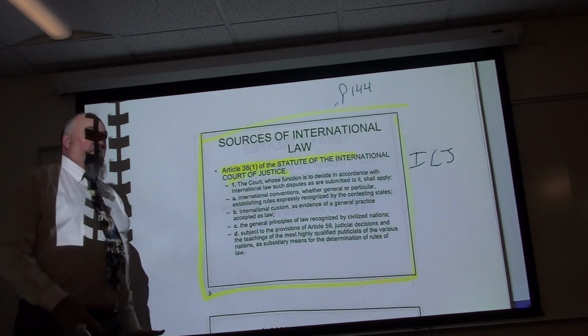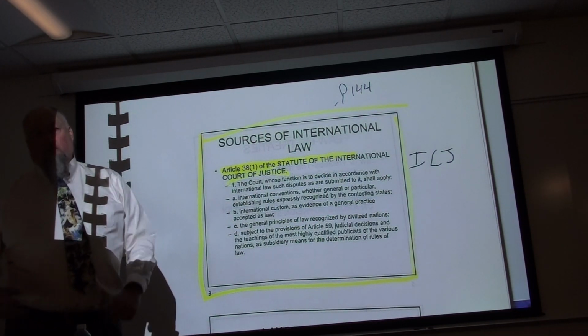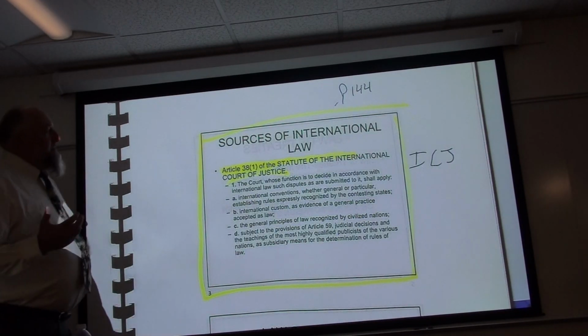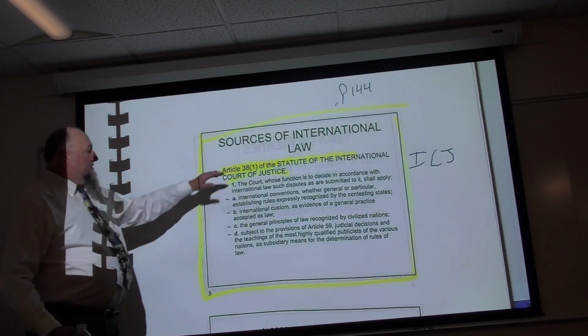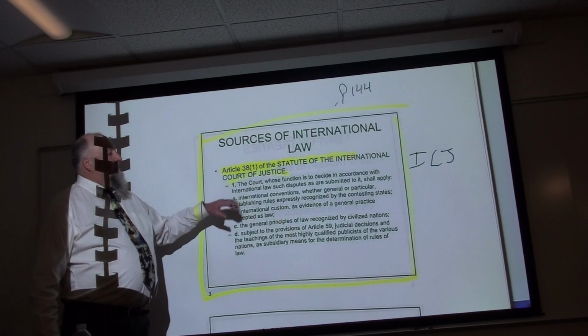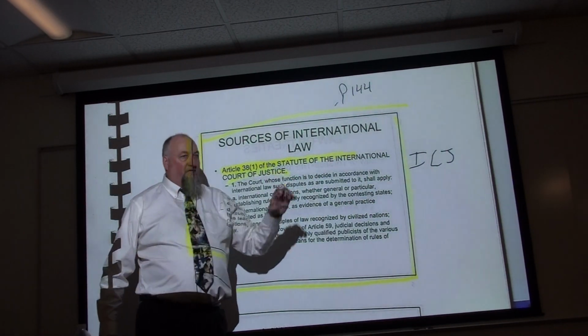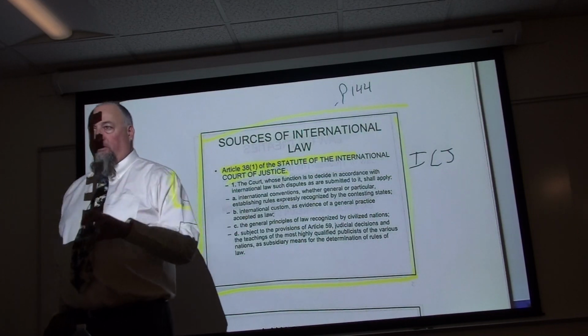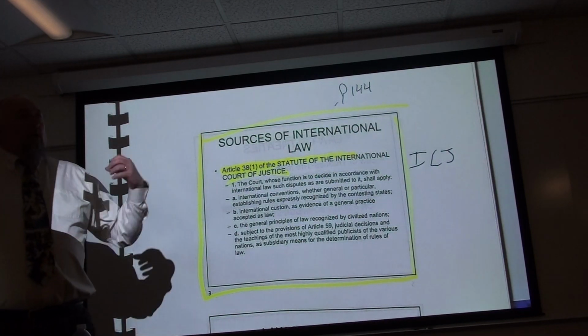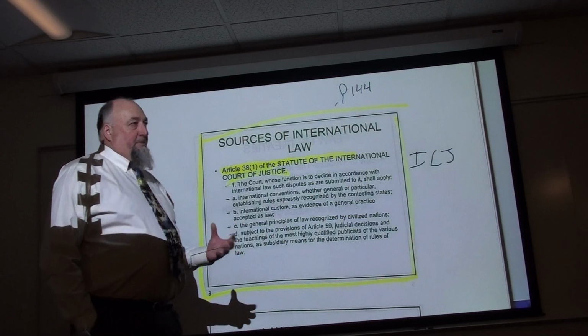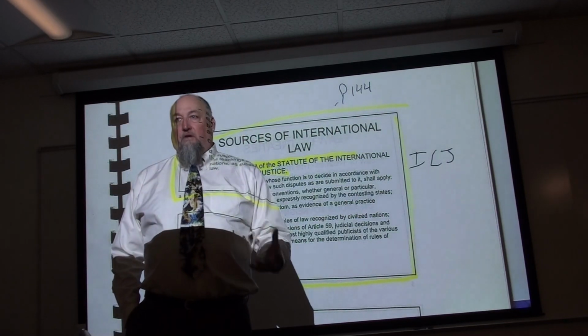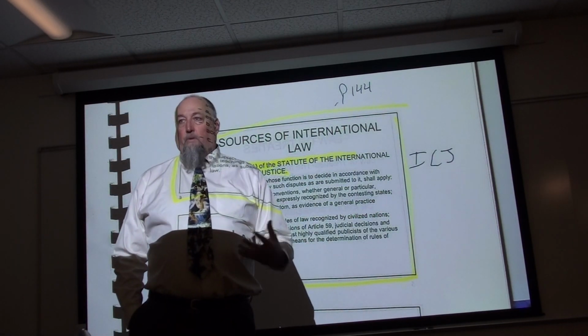I'll say Article 38 over and over again. So the International Court of Justice, Article 38, comes from the statute that establishes the International Court of Justice. The International Court of Justice is basically the Supreme Court of the United Nations, if you want to make a comparison.